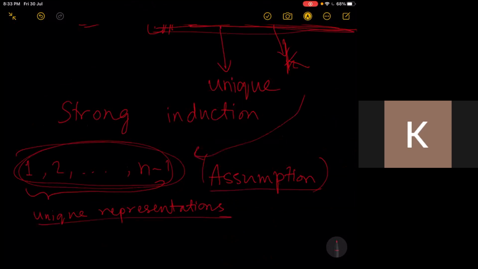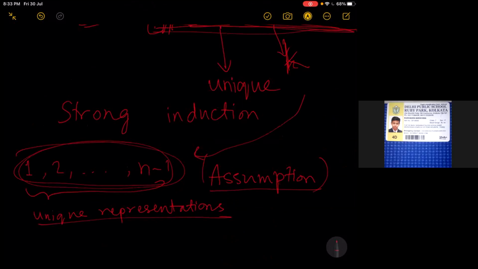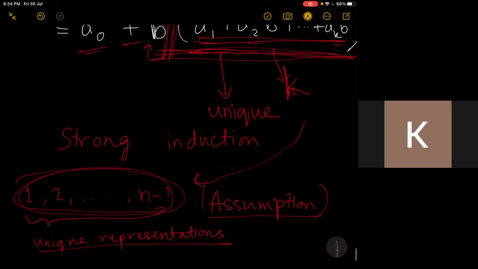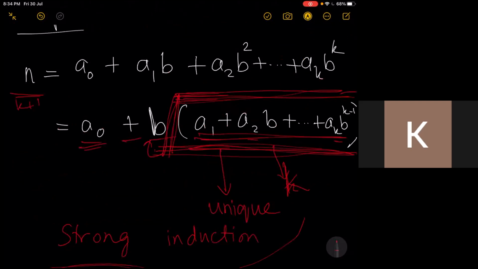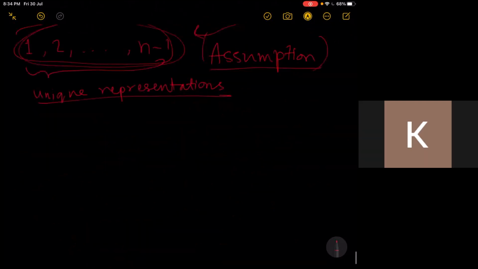That is our assumption, right? Understood? Yes, sir. So if it has a unique representation, just multiply by b, add a0. You get the unique representation for n also. Hence proved by induction.